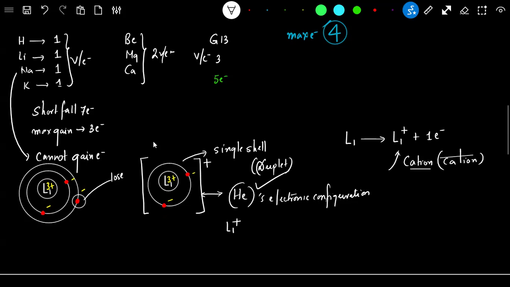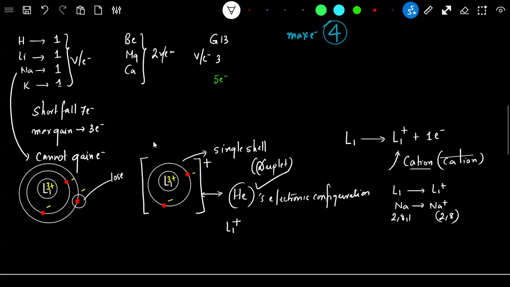Now group 1, every one of them is going to behave in the same manner. So we will have hydrogen, we will not consider. Okay, hydrogen is not considered a group 1. So lithium becomes Li plus, sodium becomes Na plus, because sodium was 2,8,1 and after becoming Na plus it became 2,8.